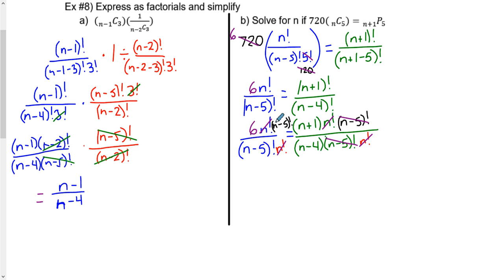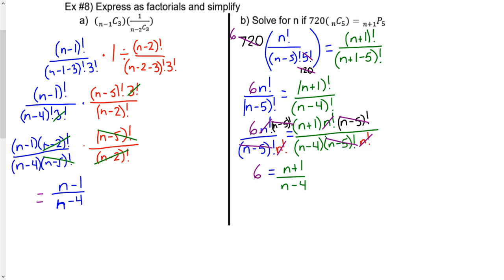Same thing there. And overall, we're just left with a 6 on the left-hand side, and an n plus 1 over an n minus 4 on the right-hand side.